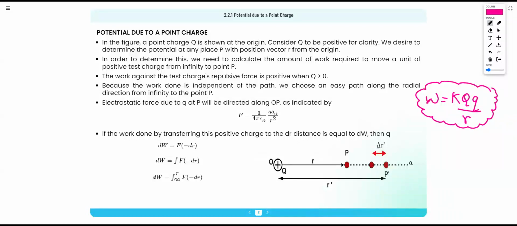And what is this work done? This work done is nothing but our potential, V. This work done will be stored in the form of potential energy, and that can be given by V. So this will be equal to K q Q over r. Okay, let's see some numericals based on this.